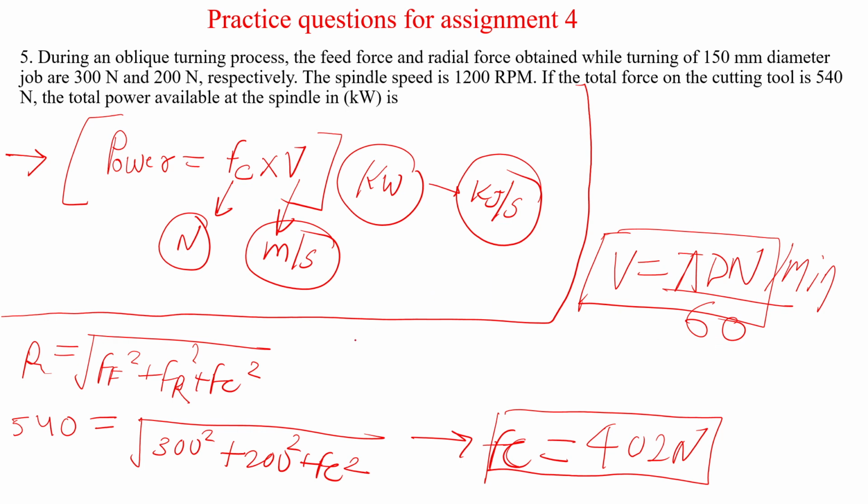Now just find, pi is 3.14. D is how much? 150 mm. But you need to find V in meter, na? Therefore, you will do 150 by 1000 because in 1 meter there are 1000 mm.